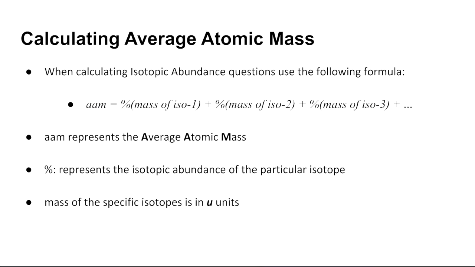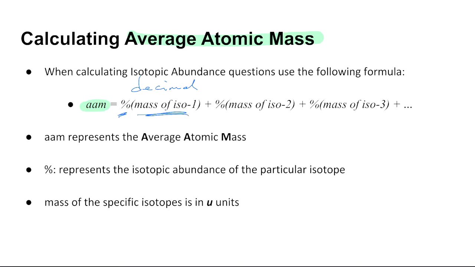As we get to the end, we are getting to the calculations involved with calculating average atomic mass, or calculating the mass of a specific isotope. When calculating isotopic abundance questions, you're going to use this equation. AAM represents the average atomic mass. You have the percentage, which you will convert to a decimal, multiplied by the mass of one of the isotopes.